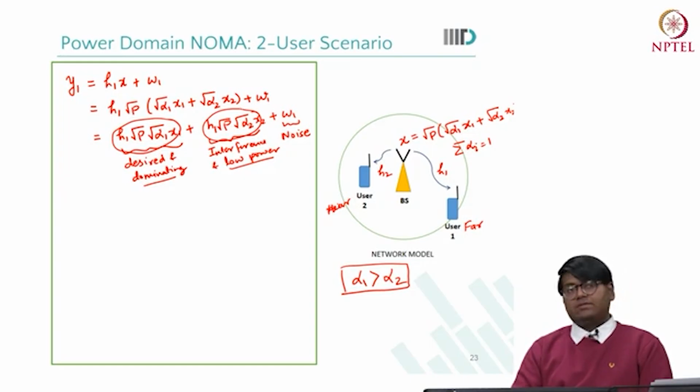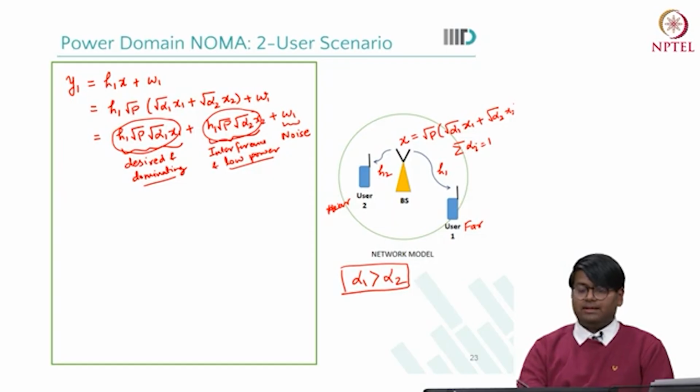So as far as the decoding for user 1 is concerned, we can easily decode the signal for user 1. Rather, we can better estimate the message for user 1.